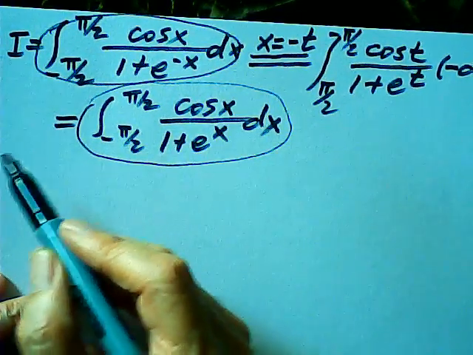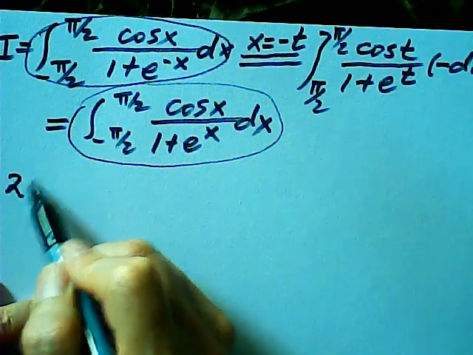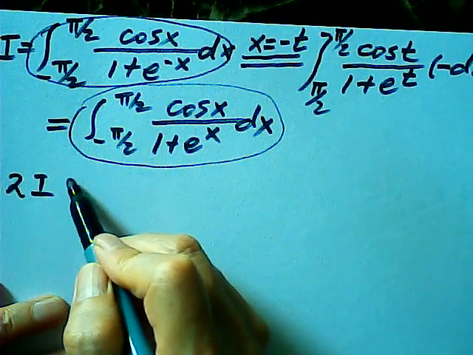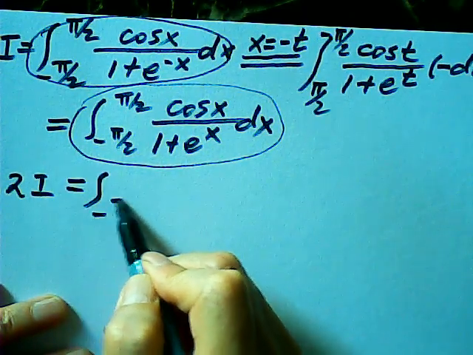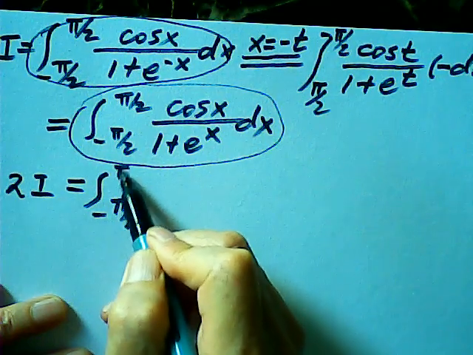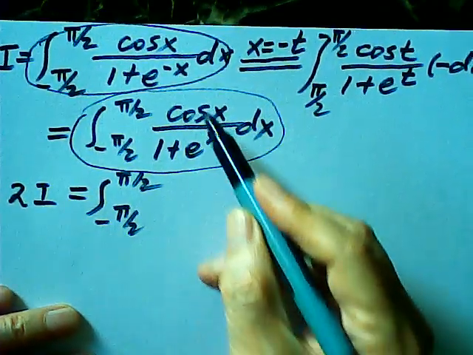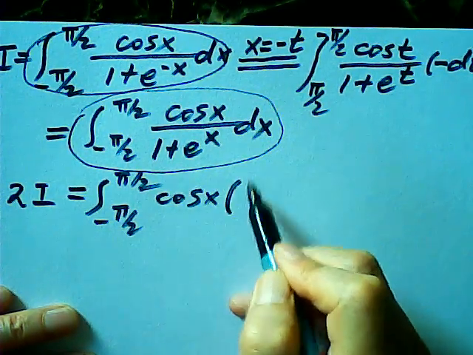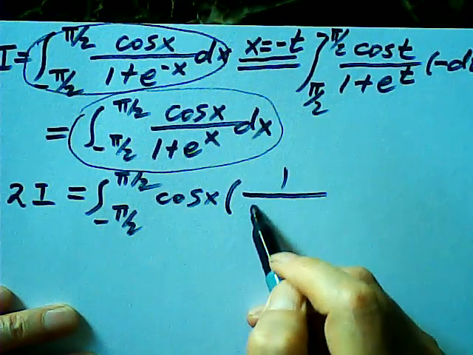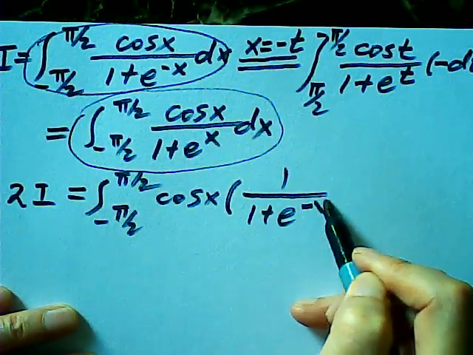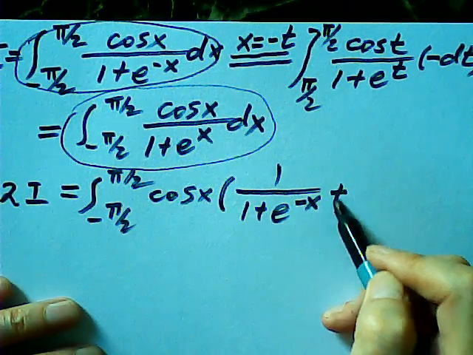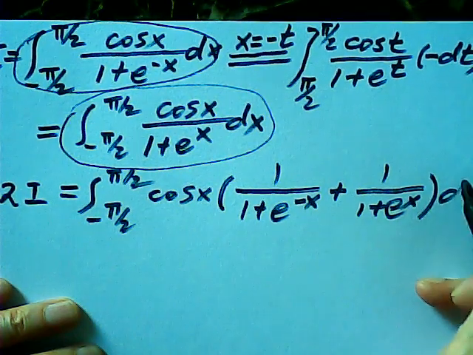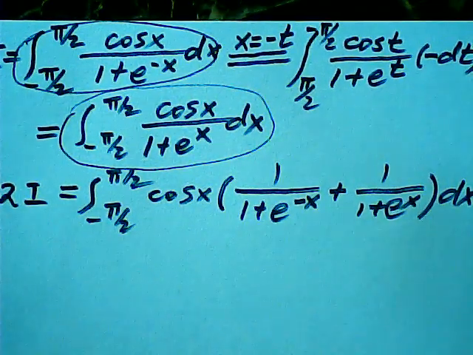Therefore, 2I, this plus this, right, is 2I, is equal to the integral from minus half pi to positive half pi. Now they have a common factor, which is cosine x. This 1 over 1 plus e to the negative x plus 1 over 1 plus e to the x dx.